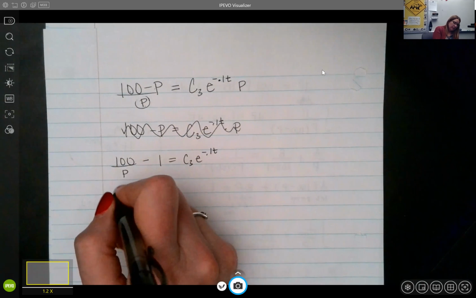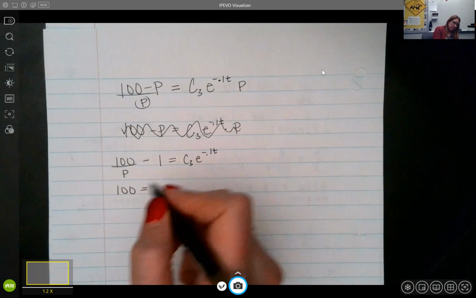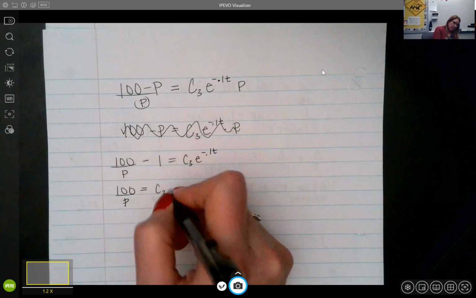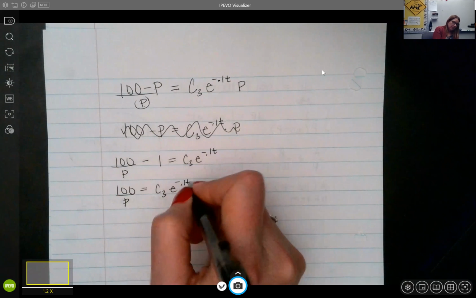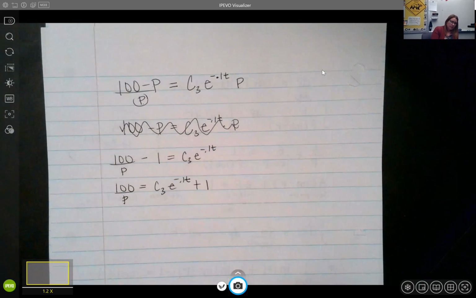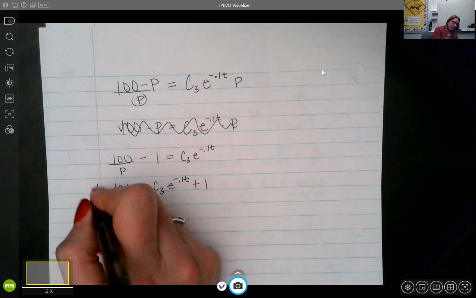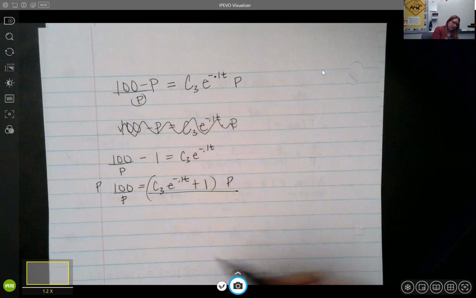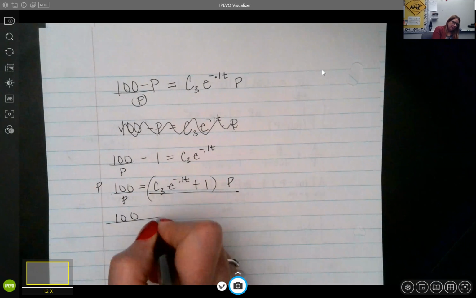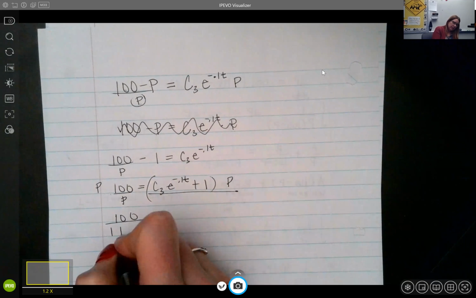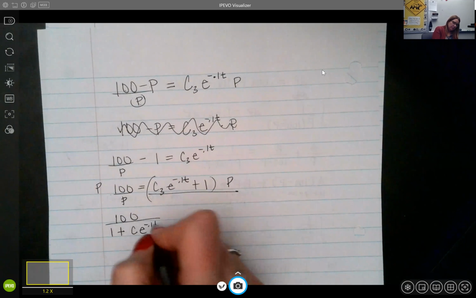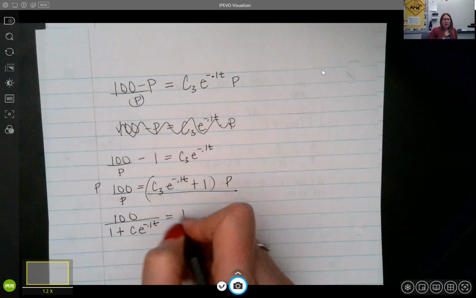So then I have 100 over p equals C3 e to the negative 0.1 t plus 1. Okay, and then if I multiply by p and then divide, I'm going to get 100 divided by (1 plus c e to the negative 0.1 t) equals p.